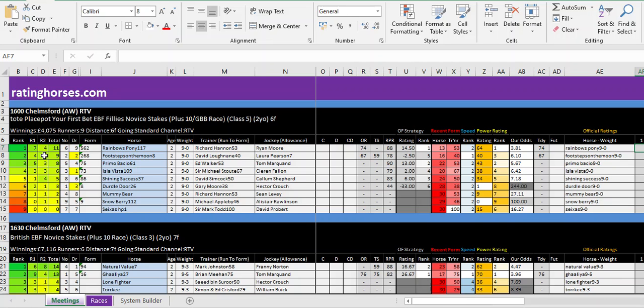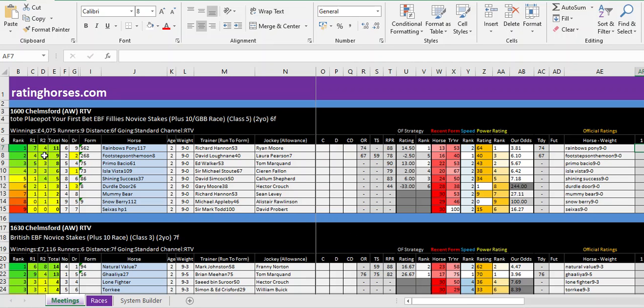Now, the criteria involved can be a number of things, such as trainer form, how the trainer has performed historically over today's course, in today's type of race, how the horse has performed in similar races at the course or in the same grade, the ground conditions, the draw bias.